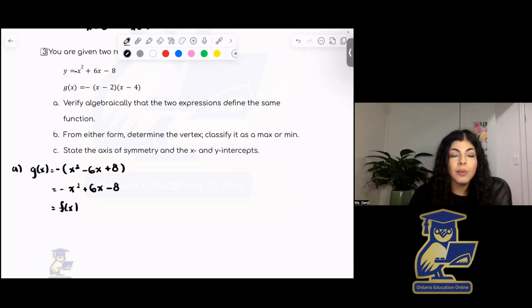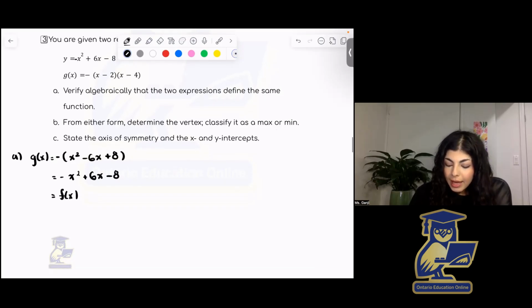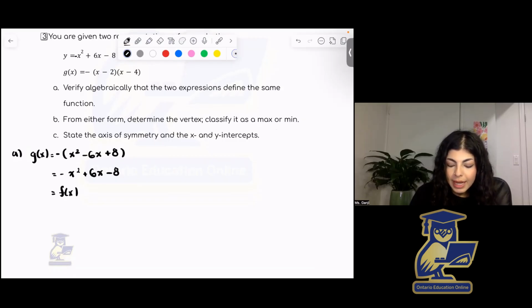And for part B, we're asked to find the vertex using either form. So I hope that by now you have seen that because we are looking for that axis of symmetry where the vertex falls, it's easier to use the factored form.